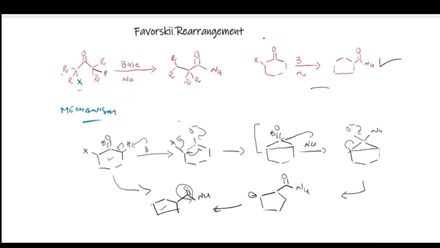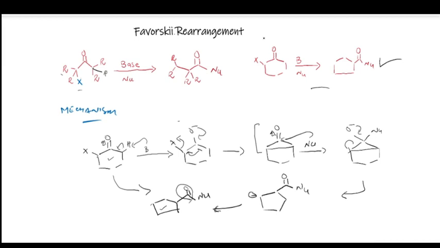If you have a situation in which this cyclopropanone ring is asymmetric, like it has different alkyl groups attached on both sides of the carbonyl, then you cannot cleave both the carbon-carbon bonds at your will, but the bond that leads to the formation of a relatively more stabilized carbanion will be cleaved to form that particular carbanion.